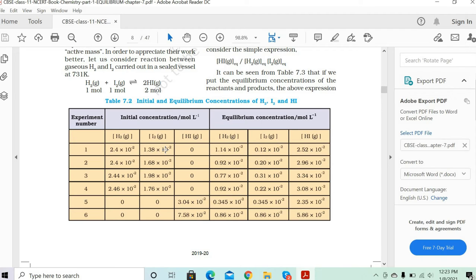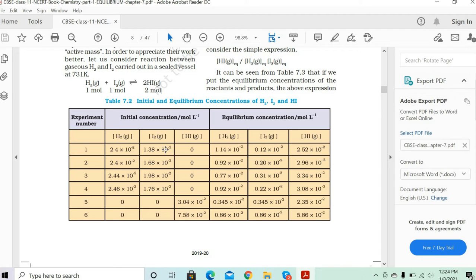Forward reaction means you take the reactants hydrogen and iodine at some concentrations and see the concentration of HI after a certain time. We are looking at the initial concentration in moles per liter, and the equilibrium concentration in moles per liter.